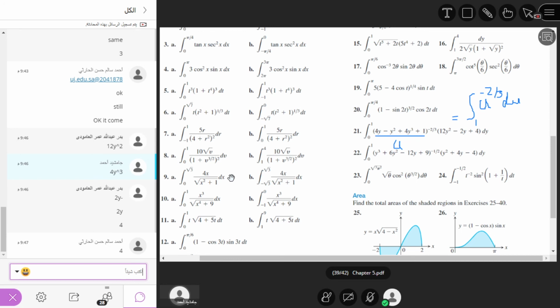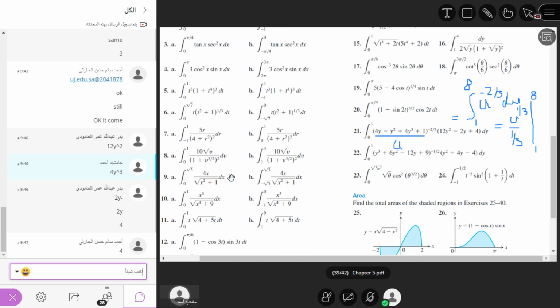So we have the following. Now what is the antiderivative of u power minus 2 by 3? This is equal to u power 1 by 3 divided by 1 by 3. Since 1 by 3 is in the denominator, it becomes 3. Did you understand, students? This is question 21.